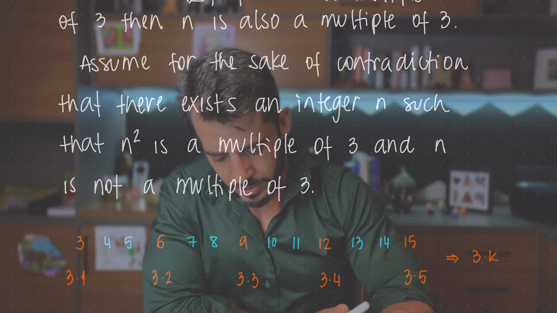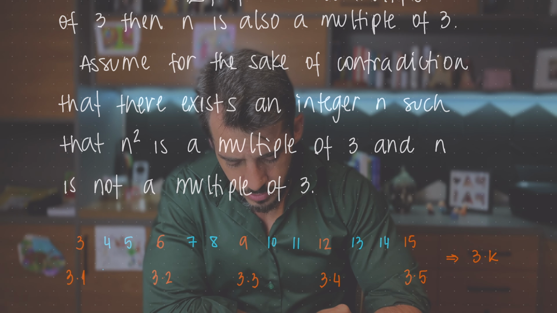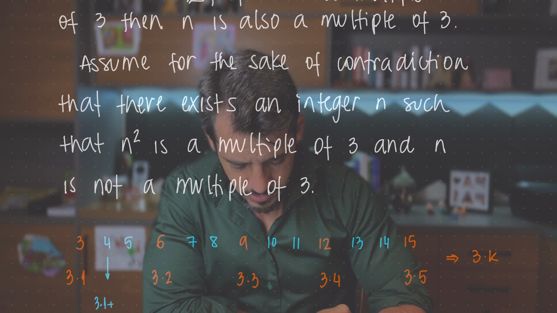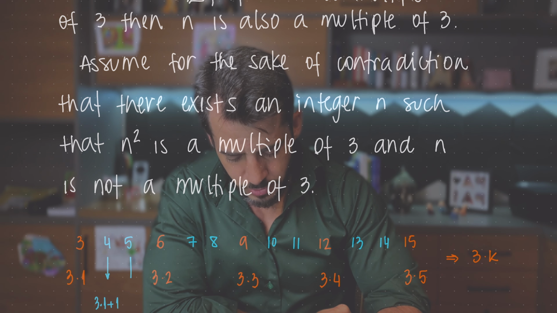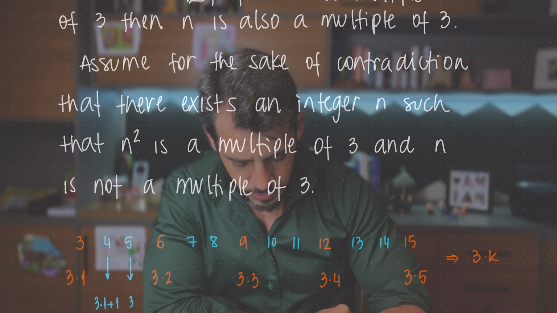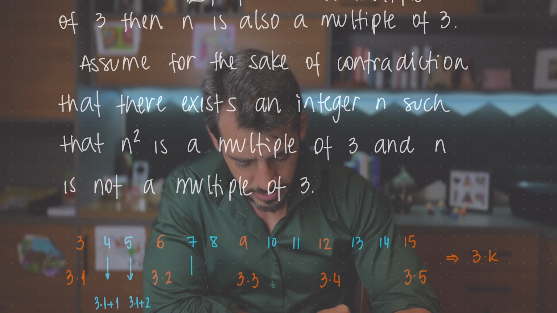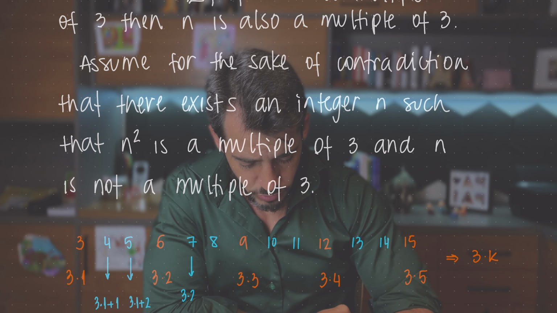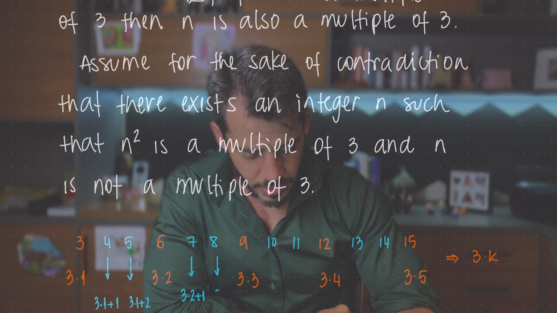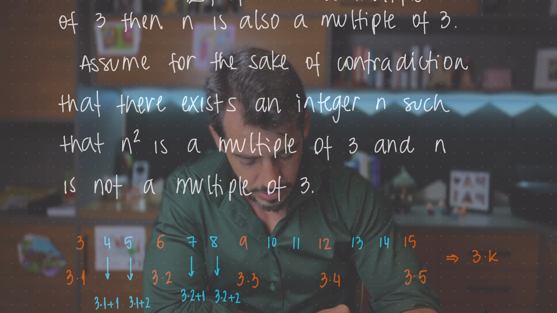Well, if you try to divide 4 by 3, you get 3 times 1 plus 1 as a remainder. When you divide 5, you get 3 times 1 plus 2 as a remainder. When you divide 7, you get 3 times 2 plus 1 as a remainder. When you divide 8, you get 3 times 2 plus 2 as a remainder.